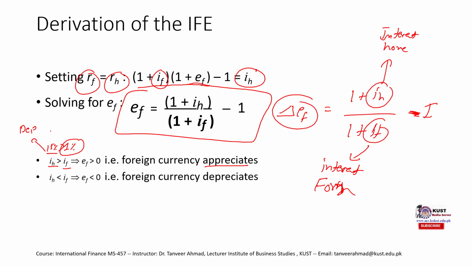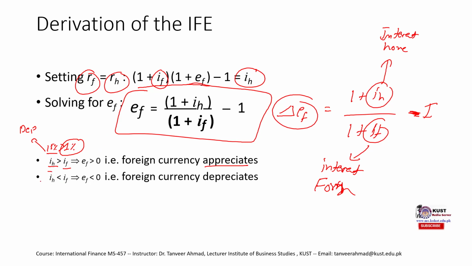The rule is the same as it was with purchasing power parity, and the reason is that interest rates do not have a direct impact on the exchange rate. Its impact, according to the international Fisher theory, is via the inflation route. So it is due to inflation, and that's why the reason is similar and the impact is similar.